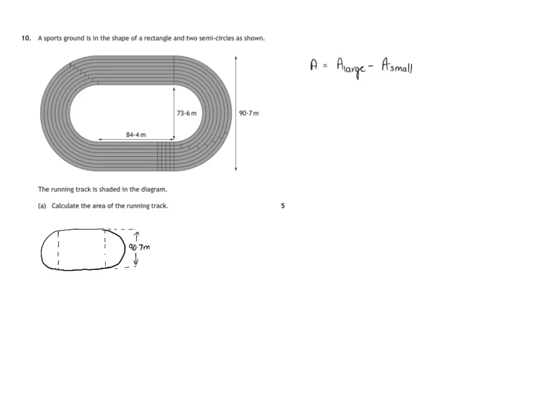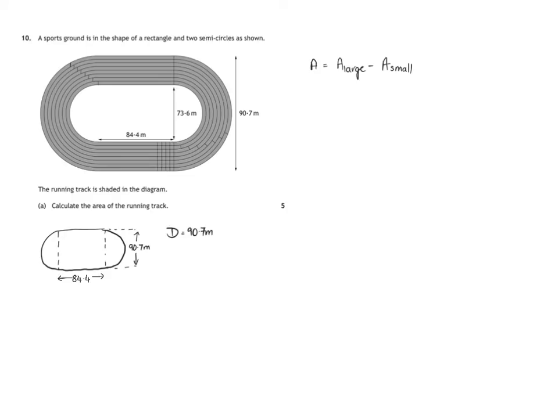So that's telling us that our diameter for our circle is 90.7 meters. The other thing it is telling us is that for the rectangle, that's 90.7 as well. In here, this 84.4, that is the same here, so this is 84.4 as well, going across to there.